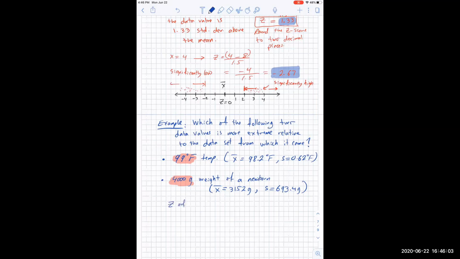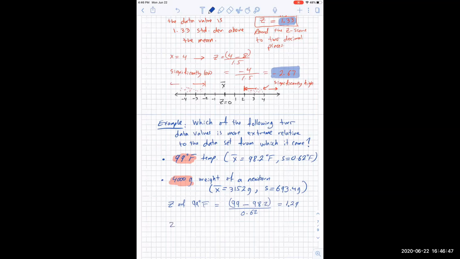The z-score of the 99 degrees Fahrenheit: I take that 99 degrees, subtract the mean, and then divide by the standard deviation of that sample. Let's see here, 99 minus 98.2 divided by 0.62 gives 1.29.